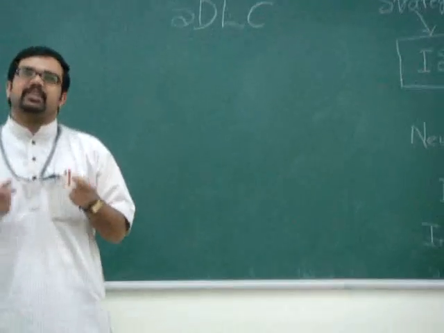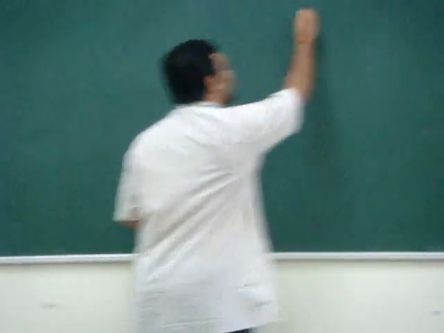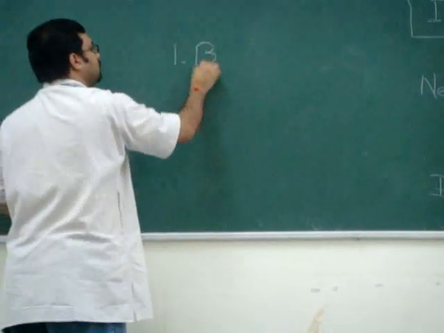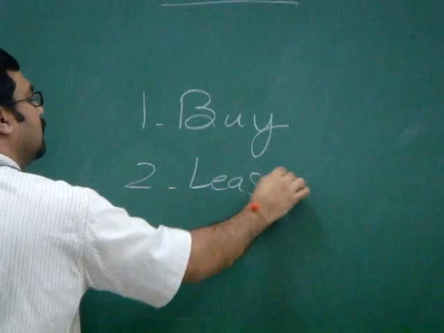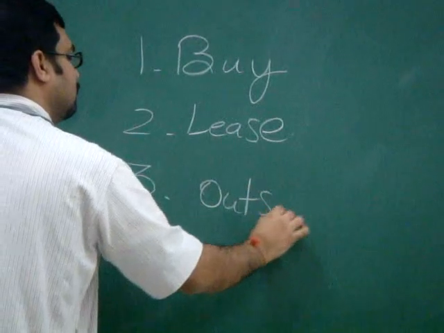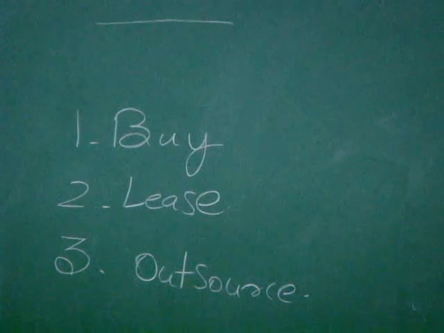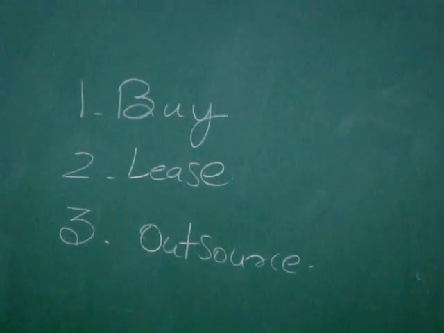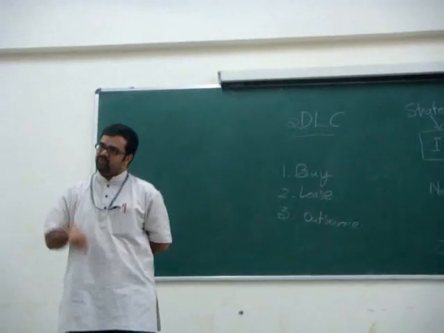Any business organization, if it has to develop a new information system, has three straightforward choices. What are the choices? In fact, the most obvious way to develop software for any business organization is developing it in-house.